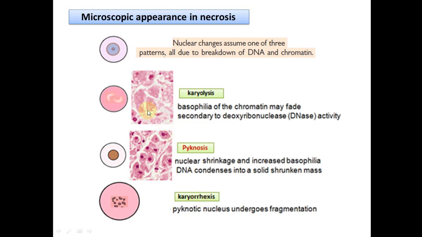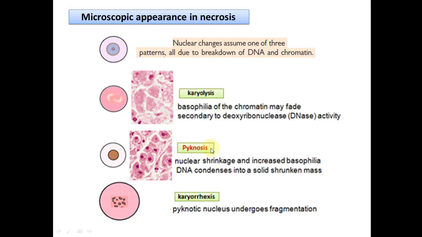In karyolysis, the blue stain imparted by the hematoxylin in the H&E stain fades because the activated DNases, deoxyribonuclease enzymes, cause degradation of the DNA.